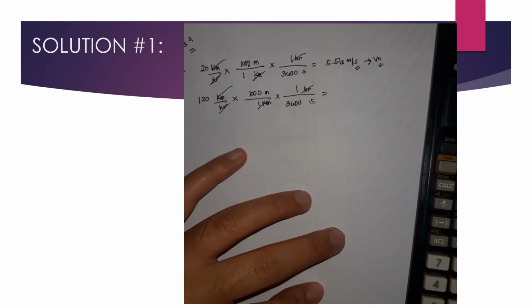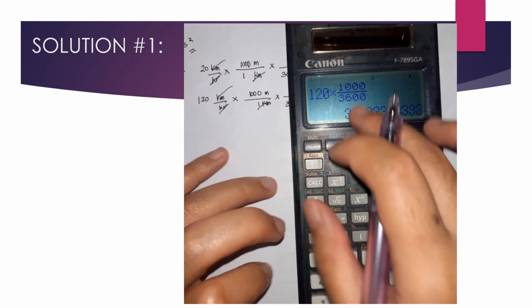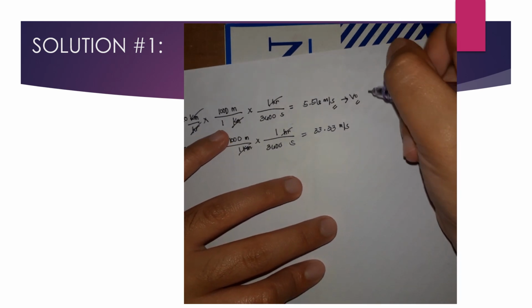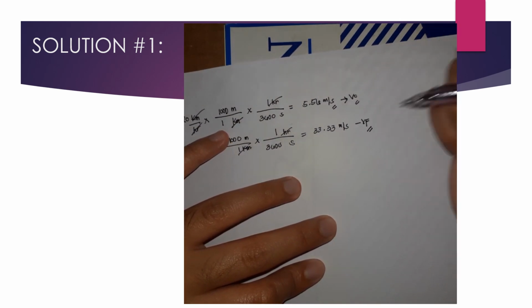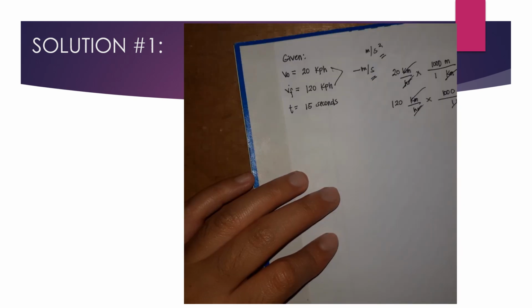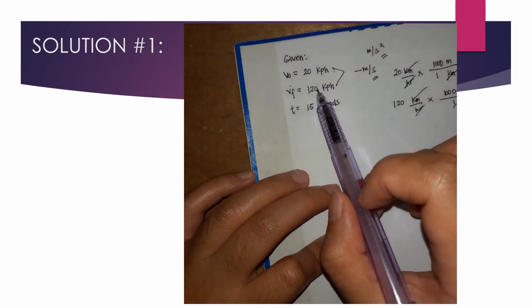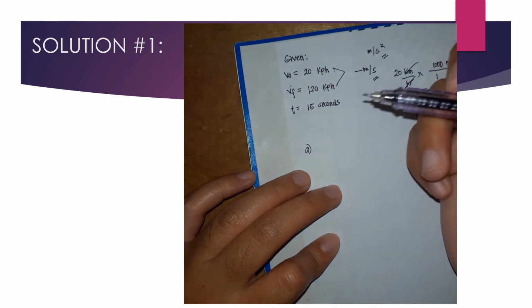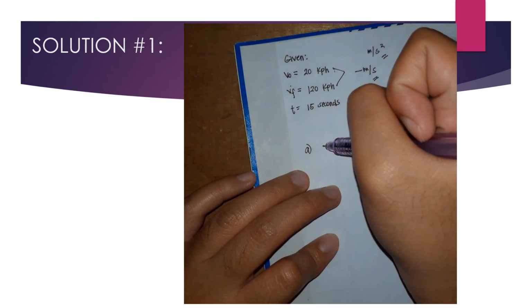And we have 33.33 meter per second, and that is our V final. So we now converted our given to meter per second. So let's now proceed at solving letter A.